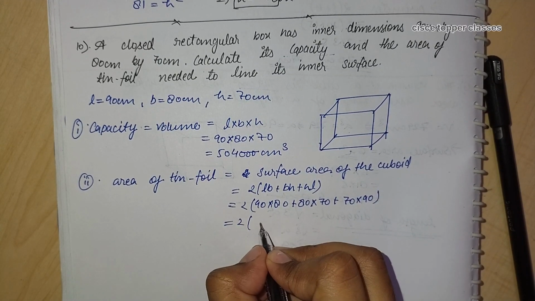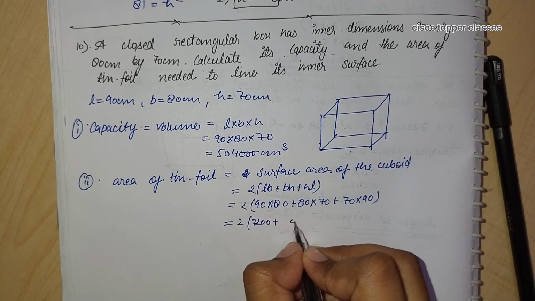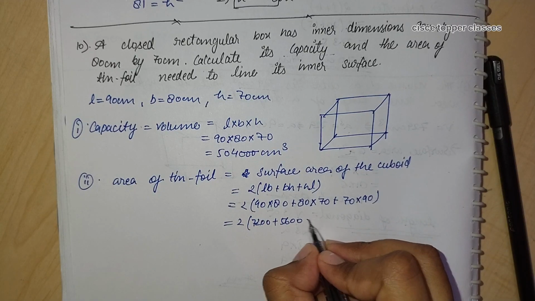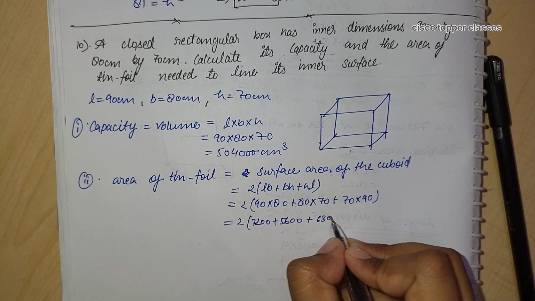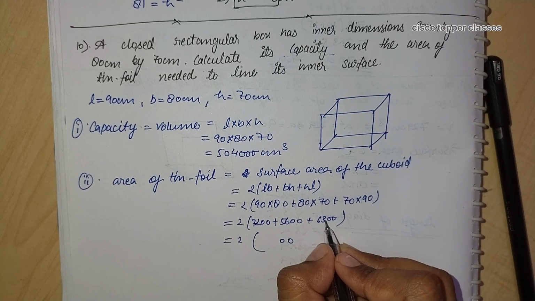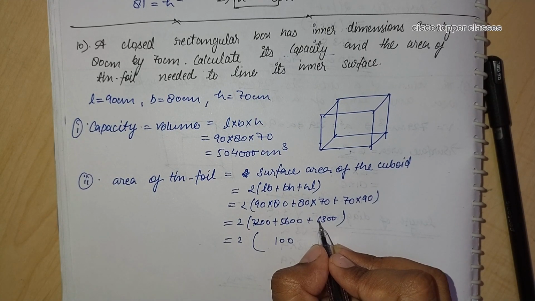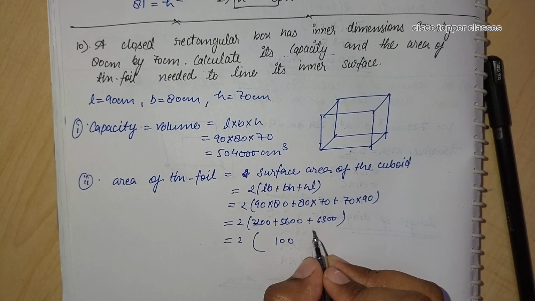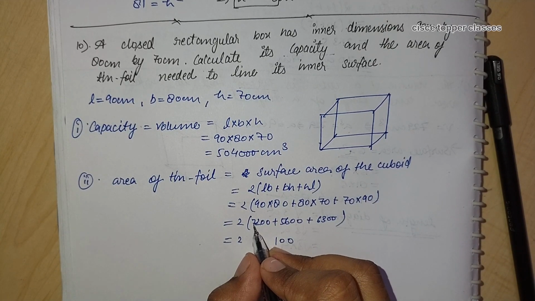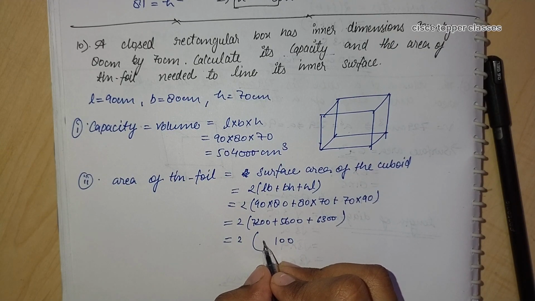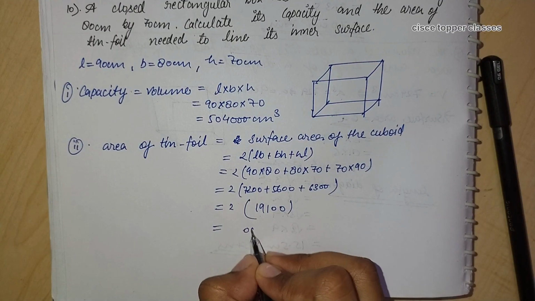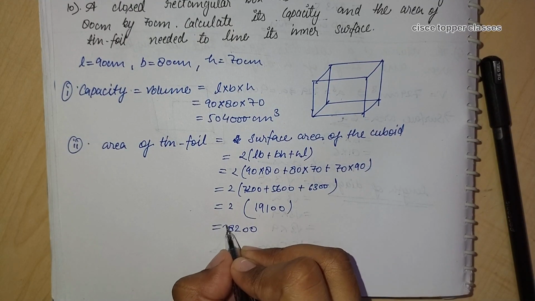So this will be 7200 plus 5600 plus 6300, so we'll add this part: 0, 6 plus 3 is 9, 9 plus 2 will be 11, 7 plus 5 will be 12, and 12 plus 7 will be 19 here. So 19, this will be multiplied with 2.